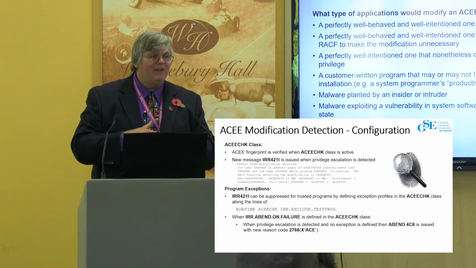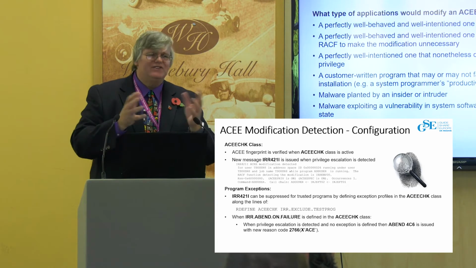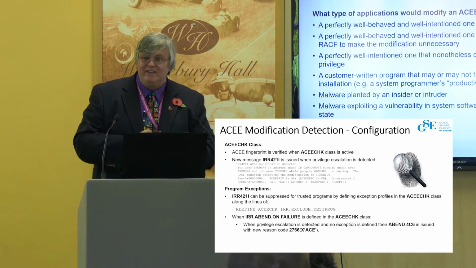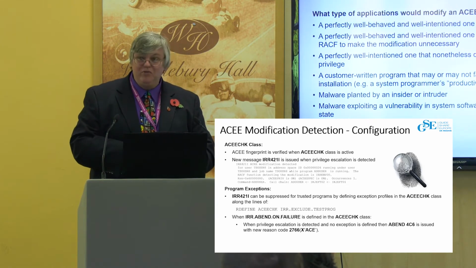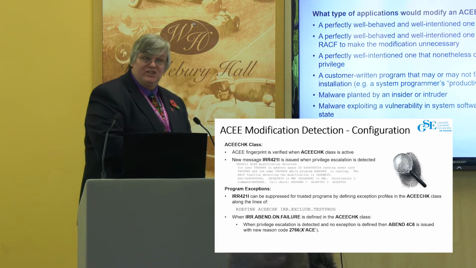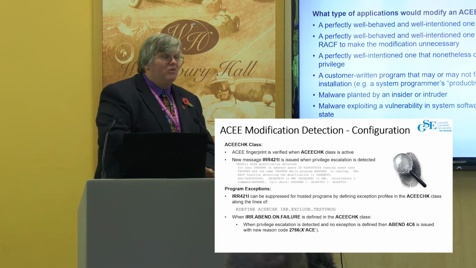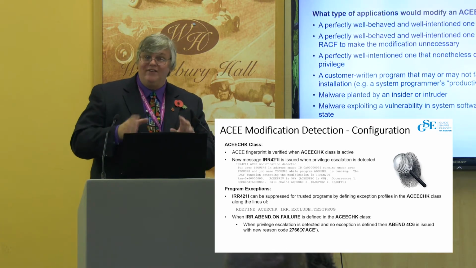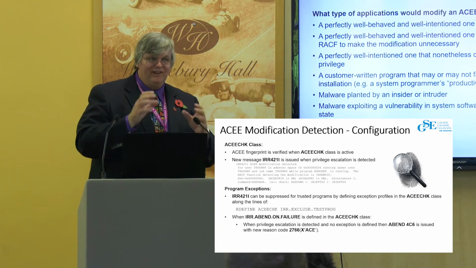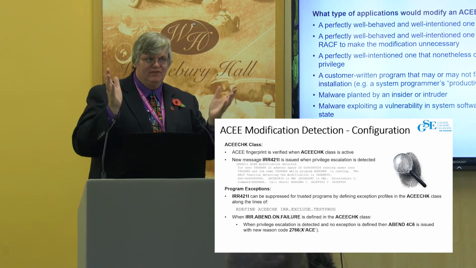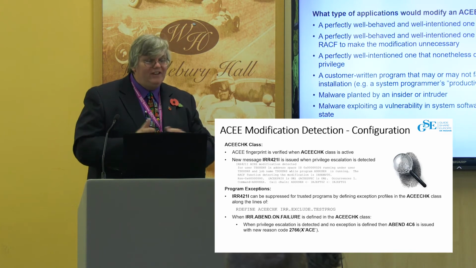Think of a storage management product as an example. It doesn't know what data sets it's going to trust. So it will do its own validation to make sure that you're allowed to do this thing. We'll flip this bit on, and then you won't have to define RACF profiles for every data set that you have in your organization. It's a perfectly legitimate thing to do.